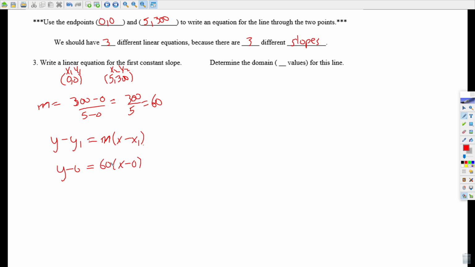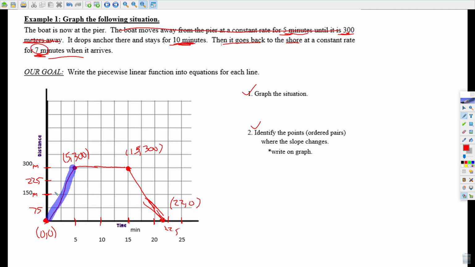This is kind of nice because if we distribute the 60, you end up getting 60x. 60 times 0 is just 0, so we don't have to write it. The left-hand side is the same thing. If you were to add 0, nothing would change. So it's just y equals 60x. So that is the first equation for this line.